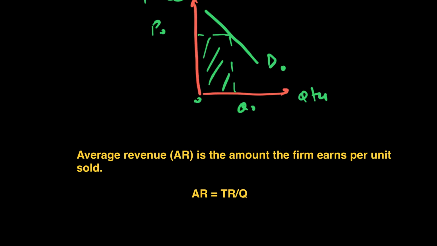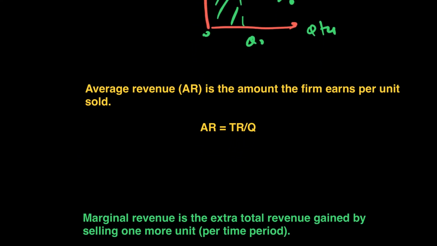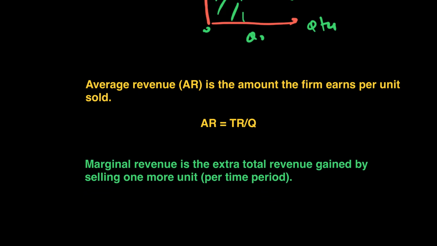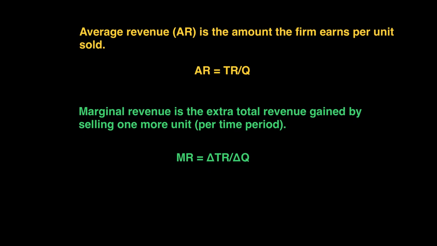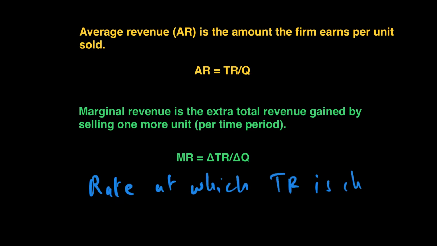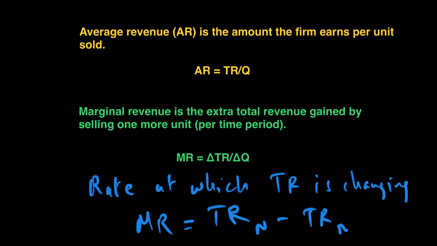Then comes the third important concept, which is marginal revenue. So what is marginal revenue? Marginal revenue is the extra revenue we gain from selling one extra unit. In other words, marginal revenue is the change in TR over the change in Q. It's the rate at which TR is changing as we decide to sell more, and therefore MR is simply TR from N units minus TR from N minus 1 units.